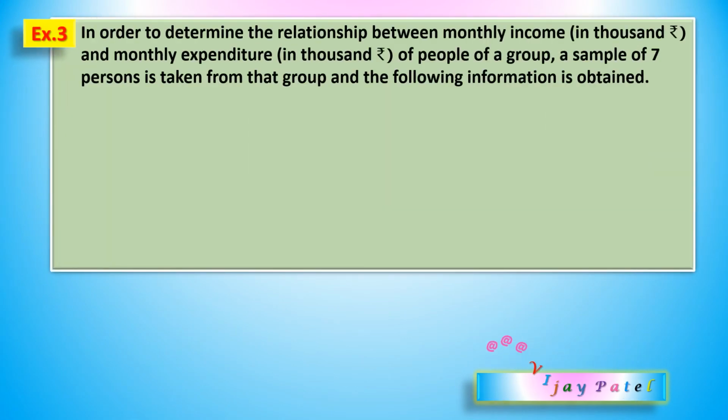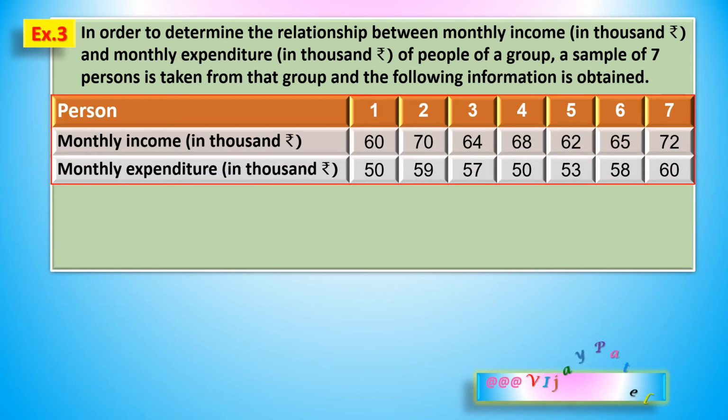Let's see example number 3. In order to determine the relationship between monthly income in 1000 rupees and monthly expenditure in 1000 rupees of people of a group, a sample of 7 persons is taken from that group and the following information is obtained. Persons, there are 7 persons. Monthly income in 1000 rupees: 60, 70, 64, 68, 62, 65, 72.